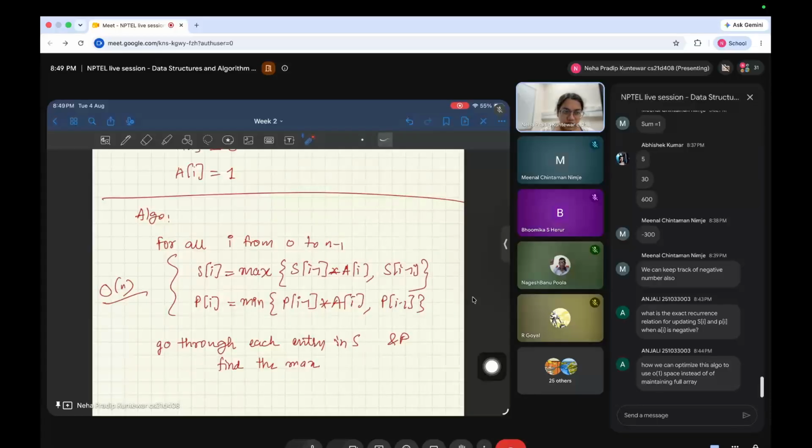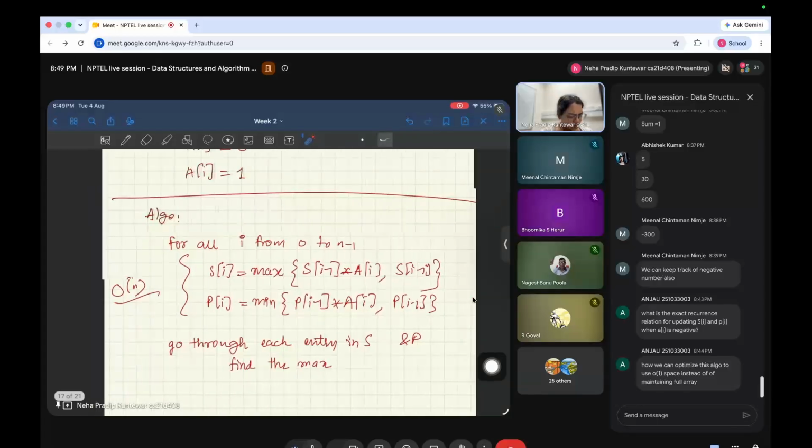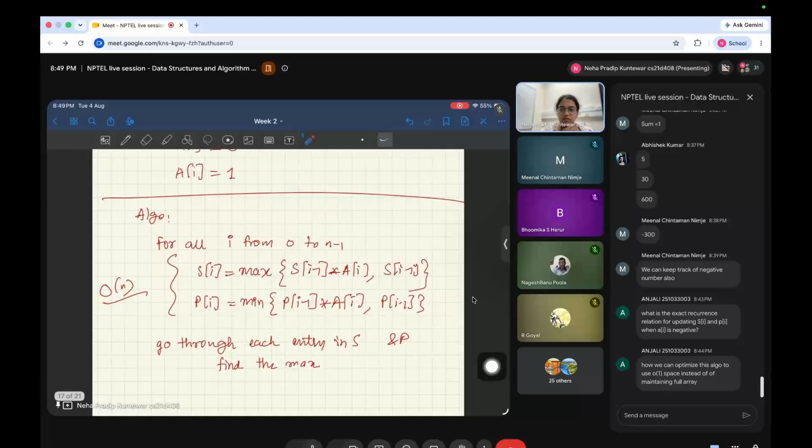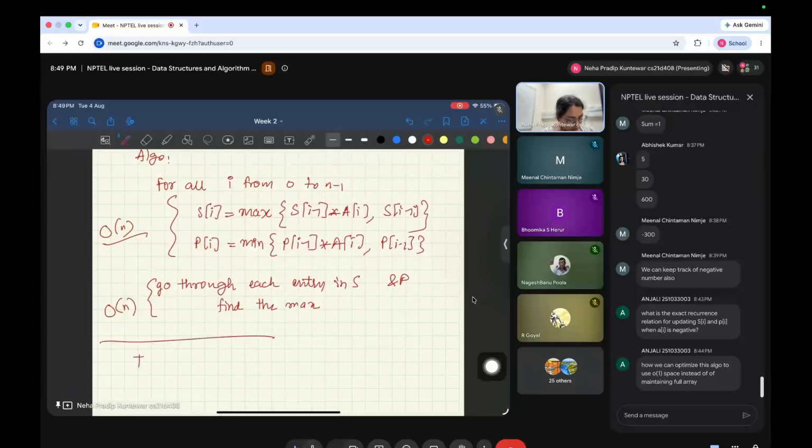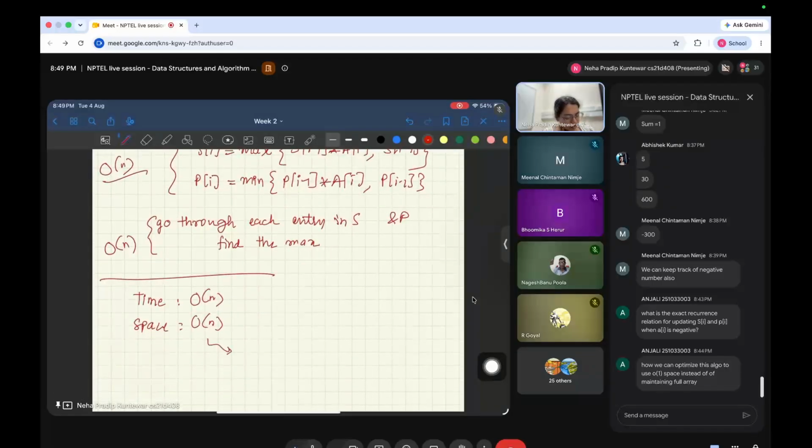So is the entire algorithm clear now? This is also an order n step, and so overall time is order n, and currently space is order n because I'm using two arrays, but yes, this can be improved to order 1.